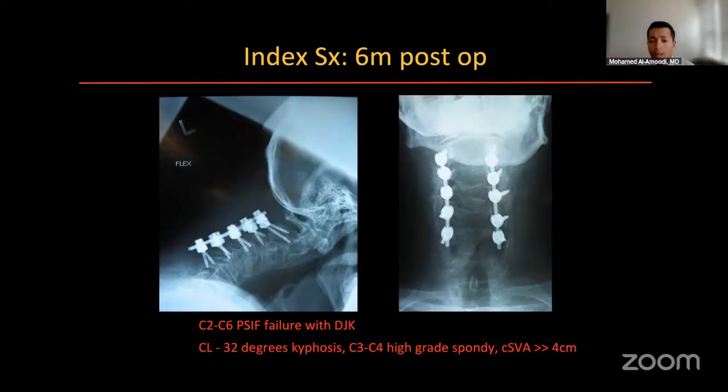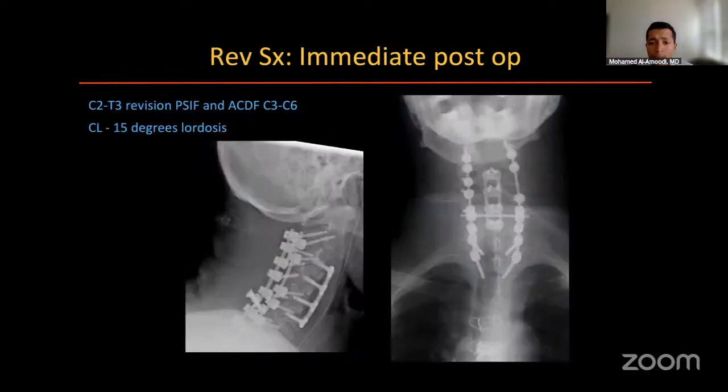So next slide, please. The revision surgery was performed, and at this time, the revision addressed several things. As you can see here, she had a C2 to T3 revision posterior spinal instrumented fusion.